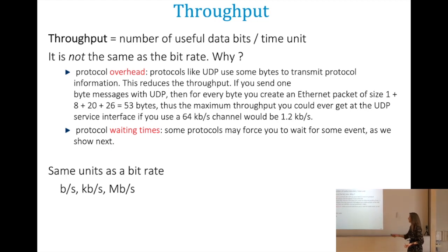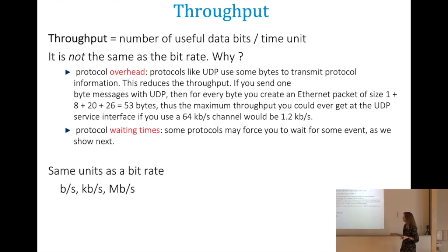So typically in UDP, if you want to send one Ethernet packet of size 1, you need to send actually 53 bytes. So in the end, you don't send 53 bytes of useful data, but only one for every 53 bytes.